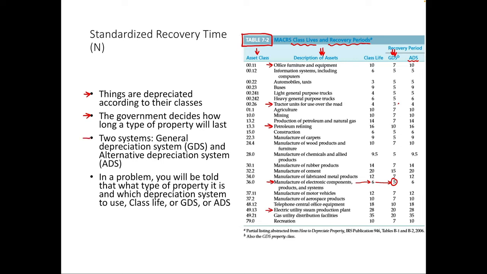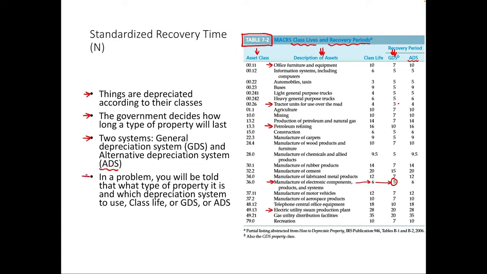Okay, and third, there are two systems here. The first system is GDS, which is the one we are talking about, and the other system is called ADS, Alternative Depreciation System. This is just another system you can use for different types of situations, but in this class, we won't require you to use the ADS method.